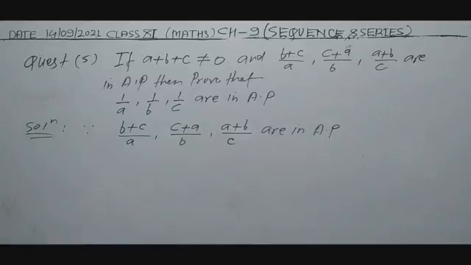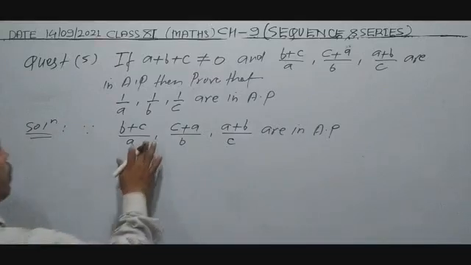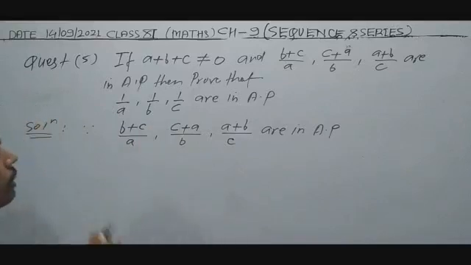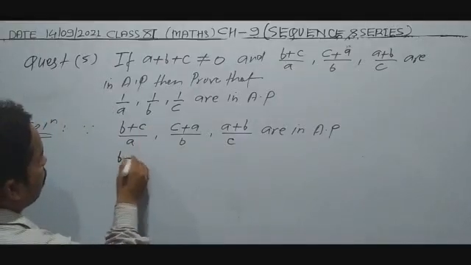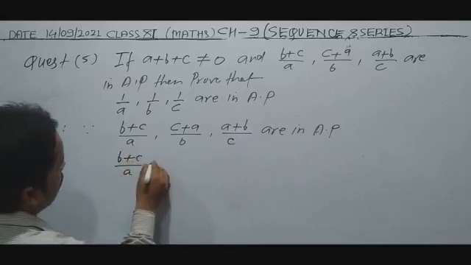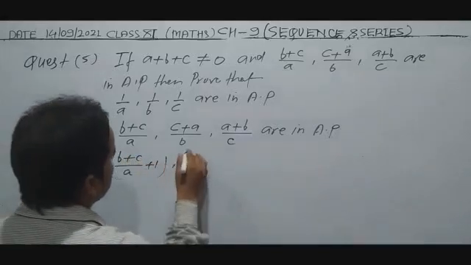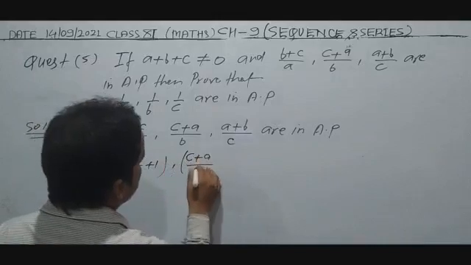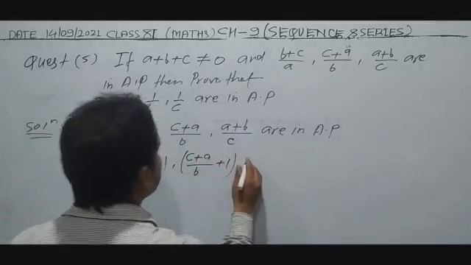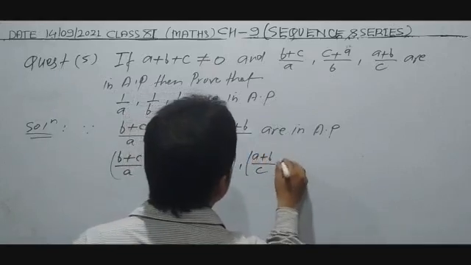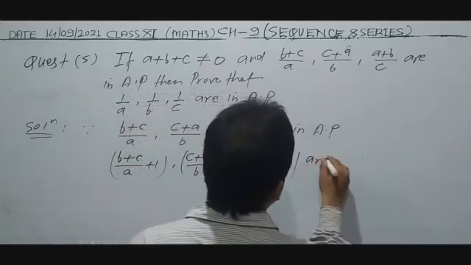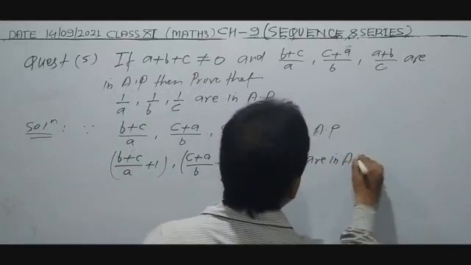You can add or subtract any constant from each term of a sequence, and the sequence will also be in AP. So I am going to add 1: b plus c upon a plus 1, c plus a upon b plus 1, a plus b upon c plus 1 are in AP.